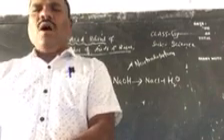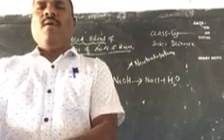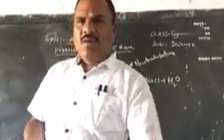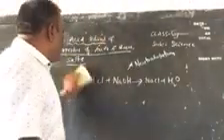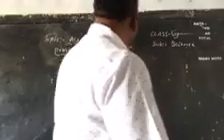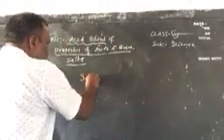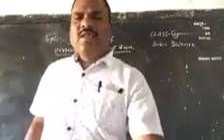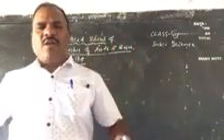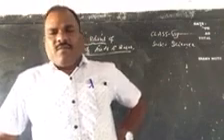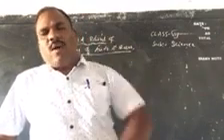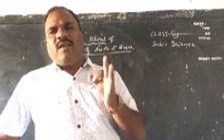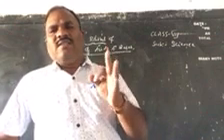Now, children, let us discuss salts. What are salts? How are salts formed? Very important concept. Salts are the ionic compounds, the ionic products of an acid and a base. Salts are formed by the reaction of acids and bases together.